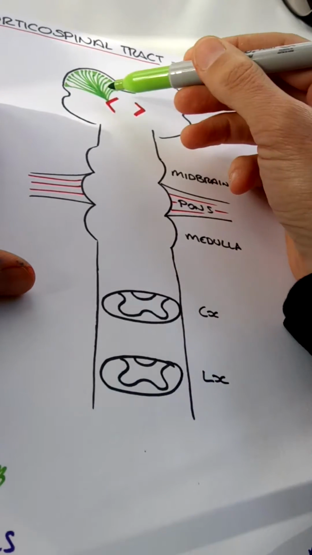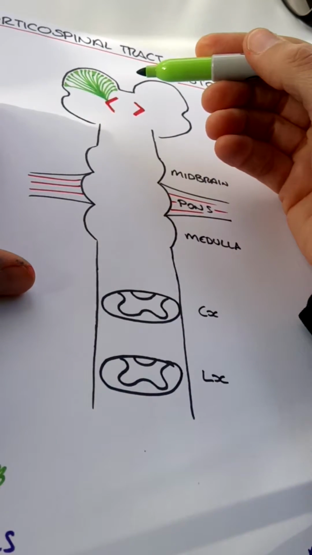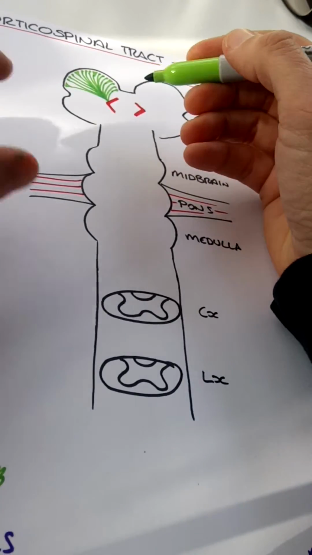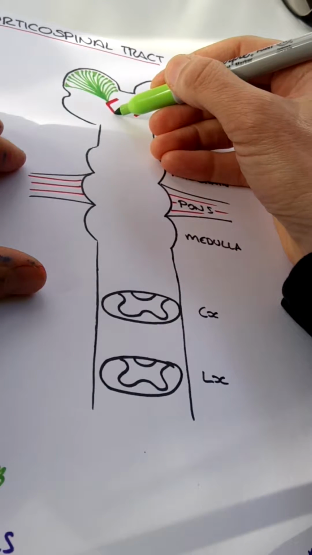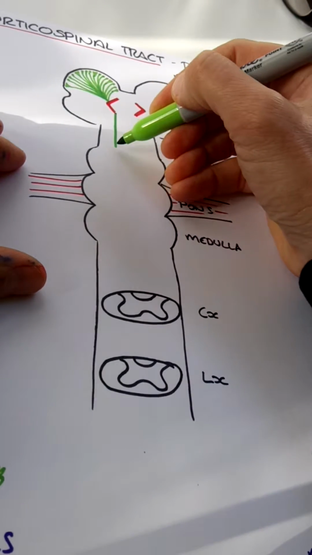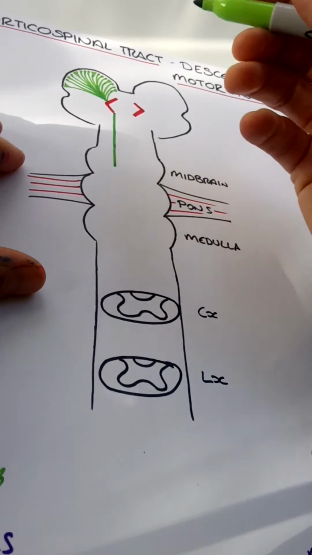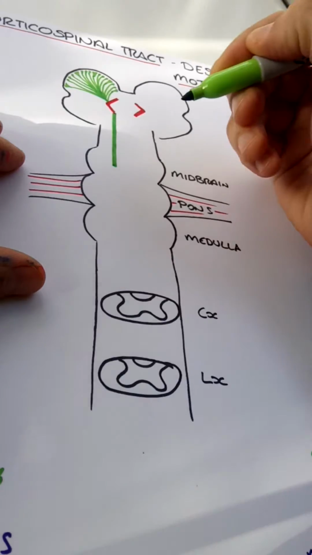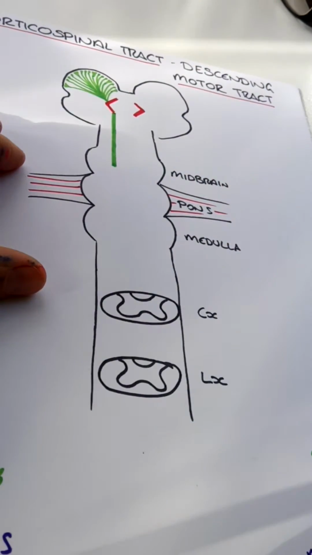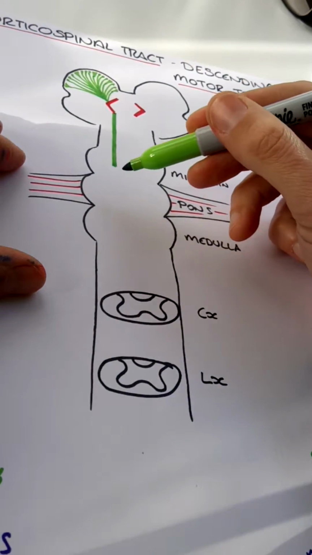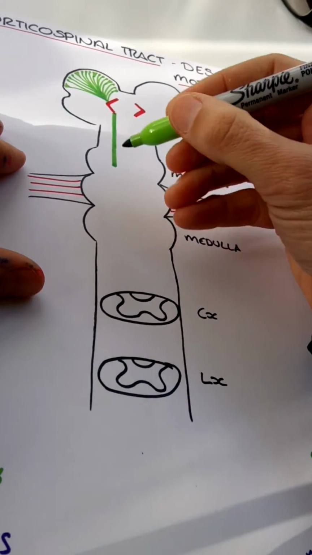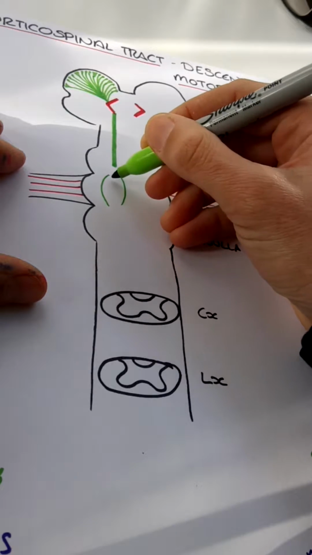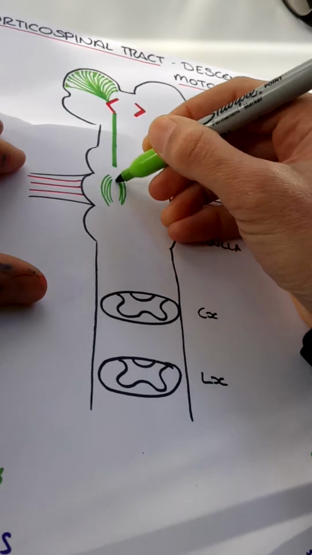At the internal capsule, they descend in a big, thick bundle through the midbrain, all bundled together. They're sharing a taxi. Now, what happens when they get to the pons is that they spread out. We can draw this a bit like that.